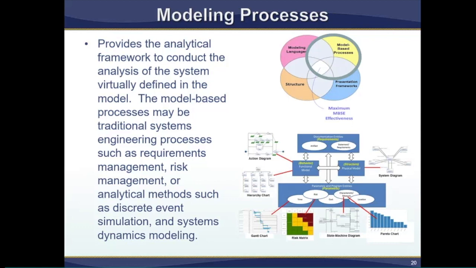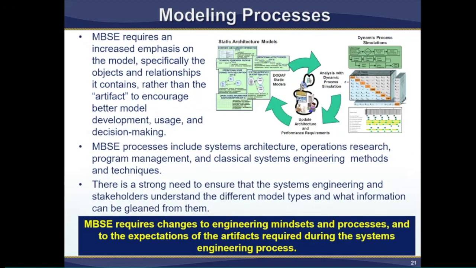So when we talk about model-based processes, model-based system engineering really requires an emphasis on the model, specifically on the objects and relationships it contains rather than the artifact. The artifact is important, because we aren't doing this for ourselves, we're doing this to inform decisions.